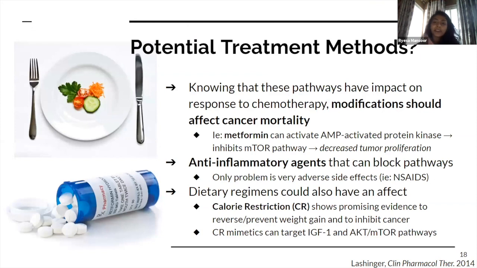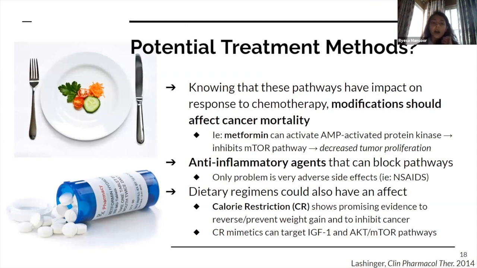But that being said, even though this is all a negative light onto what's going on in obese individuals with cancer, there is a possible upside. Knowing that these pathway targets have certain impacts in the response to chemotherapy, we can also take the other way that modifications to some of these pathways can actually affect the cancer mortality rate.